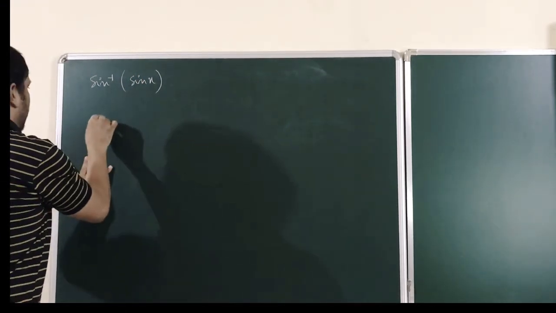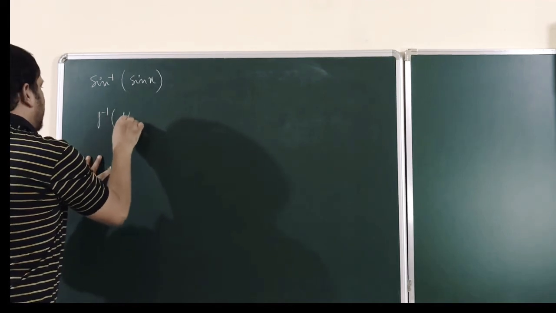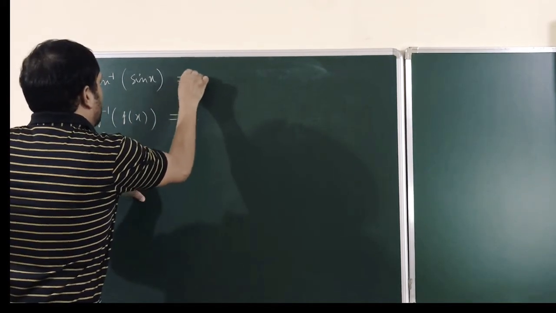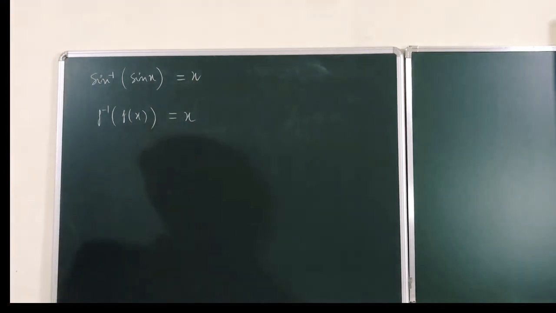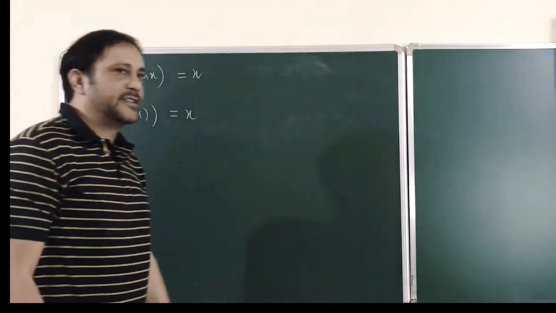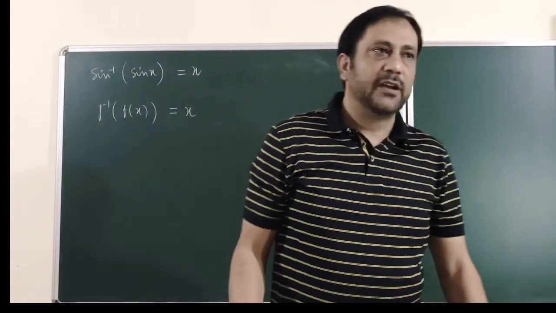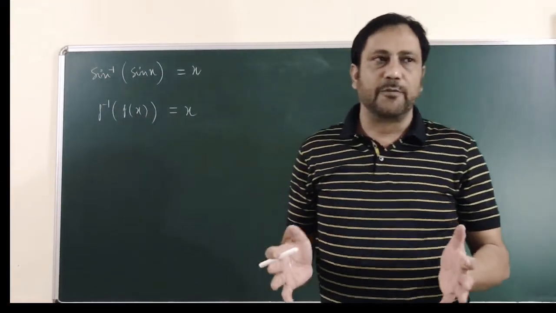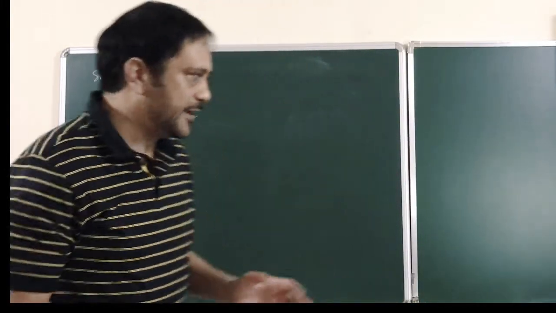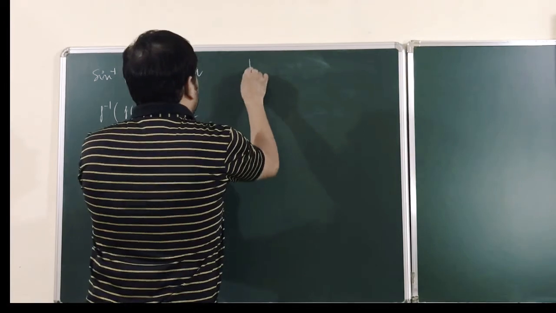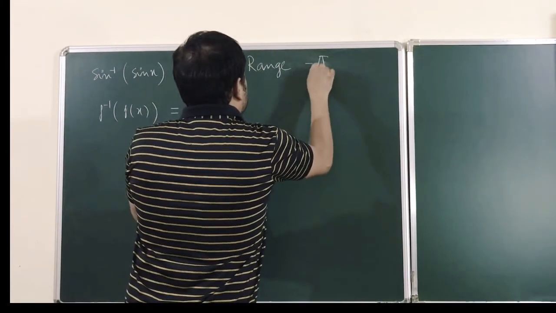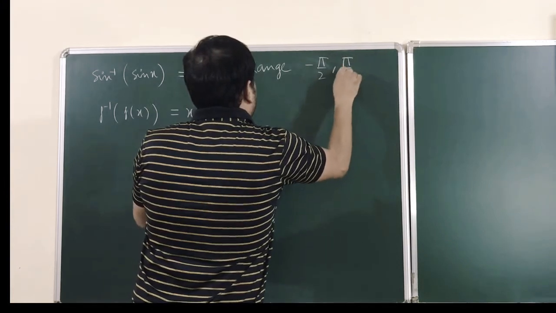As per f inverse of f of x, I must get the answer x, so here I will also get the answer x. Clear? And we also know the range of sine inverse of x is from minus pi by 2 to plus pi by 2.